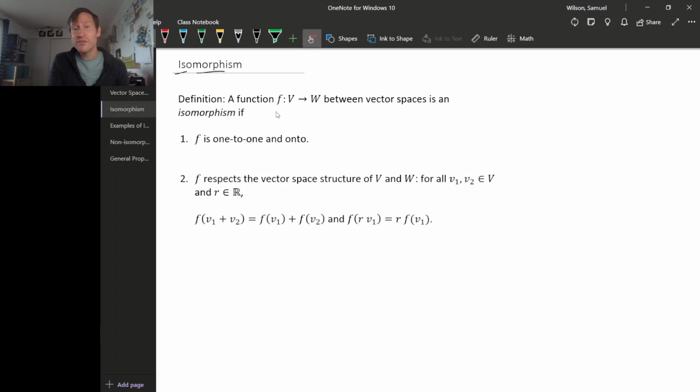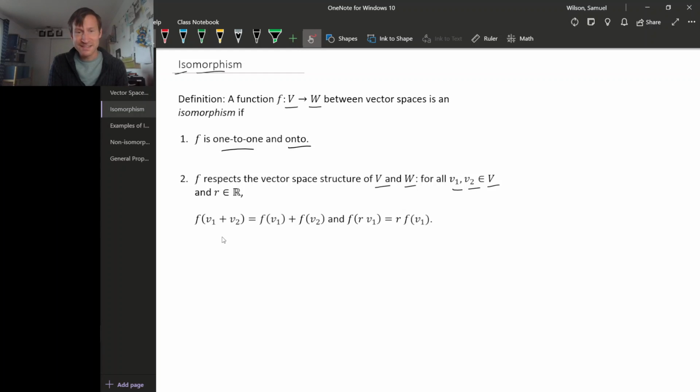So an isomorphism is a function between two vector spaces that is one-to-one and onto, so it has to be a one-to-one correspondence. And also it respects the vector space structure of both vector spaces. And what we mean by that is if you take two vectors in the domain space V and any real scalar, then f of (v1 plus v2) is equal to f of v1 plus f of v2.